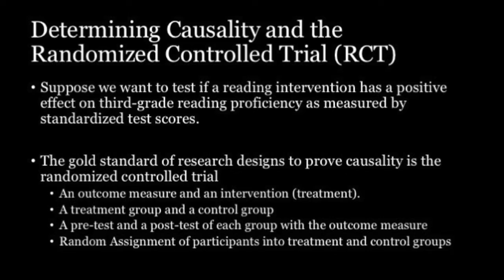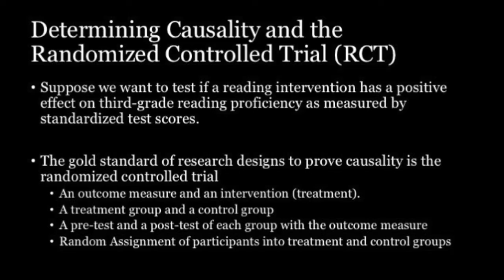A randomized controlled trial is a research design where we have an outcome measure, in this case, standardized test scores, and an intervention, in this case, this reading intervention, a treatment group and a control group, where the treatment group will get the intervention and the control group will not, a pre-test and a post-test of each group on this outcome measure.